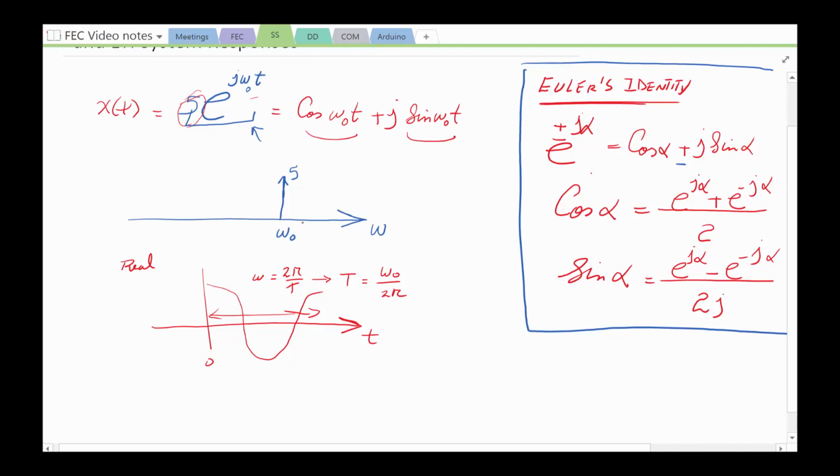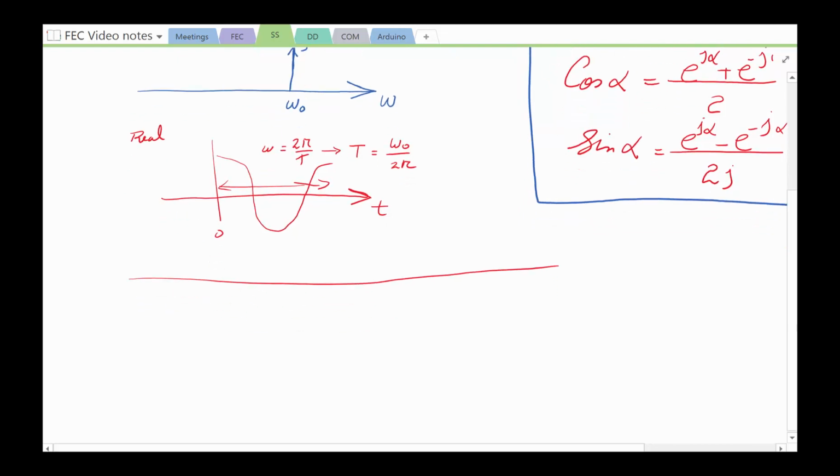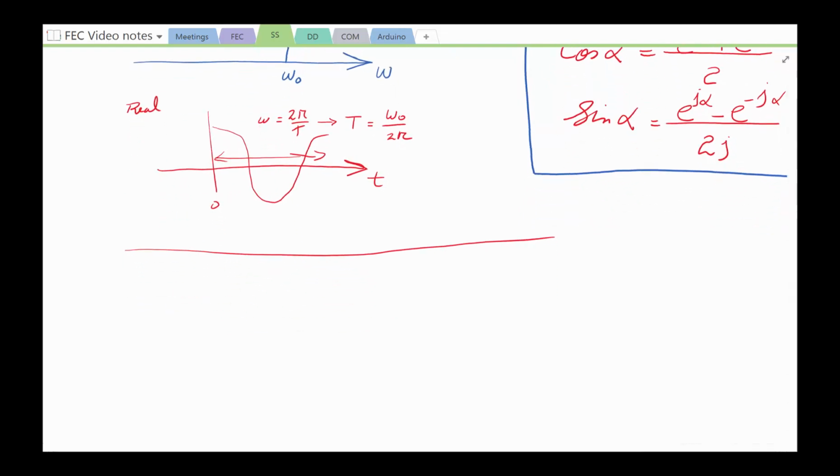So let's take this to the next step. Let's take an example: somebody's telling us to draw something simple like 3 cosine of 2000 pi t.